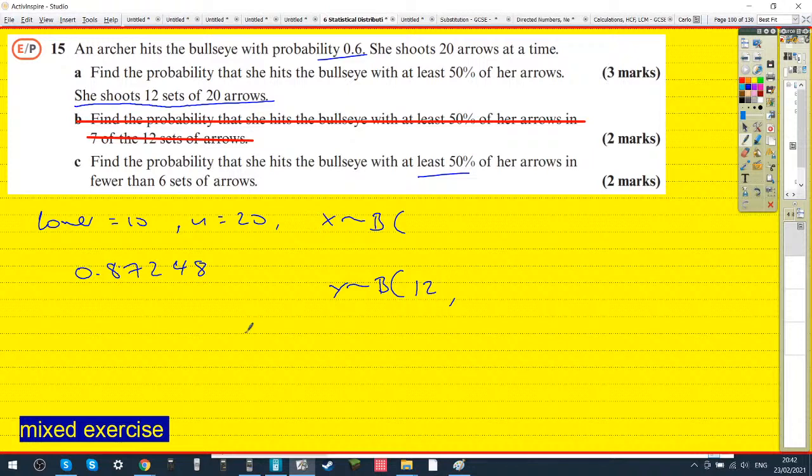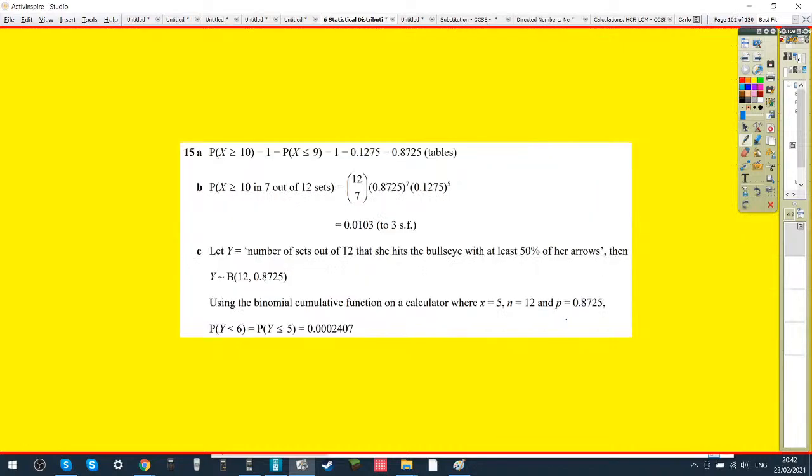Very good. And the lower would be 0. Mm-hmm. And you get 2.4098 times 10 to the minus 4, sorry. So 1, 2, 3, 4. And what was it, 3 sig fig? 2.41 times 10 to the minus 4. Great. 4 zeros. That's it.